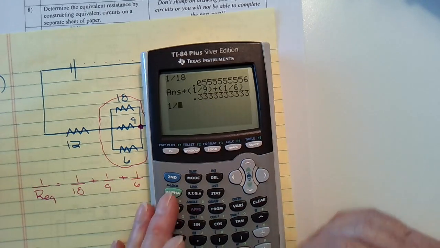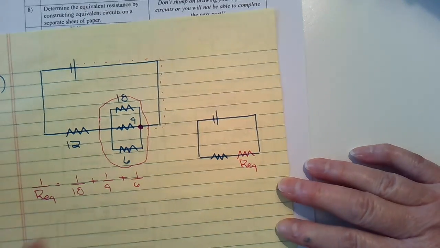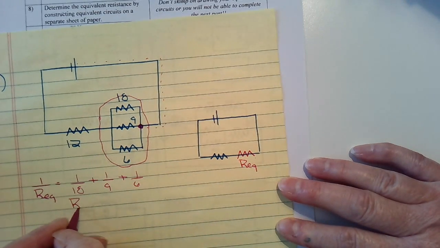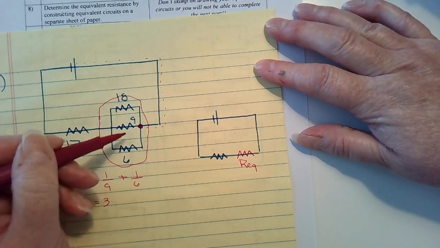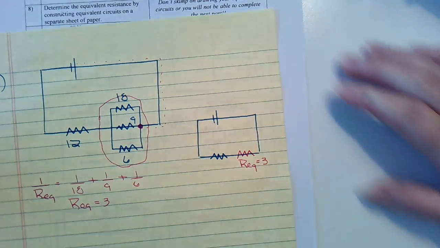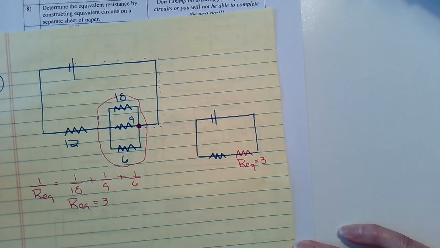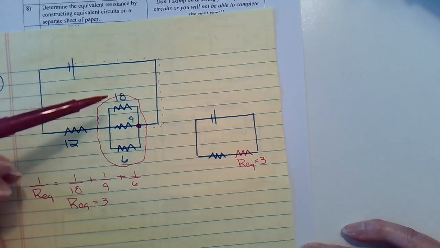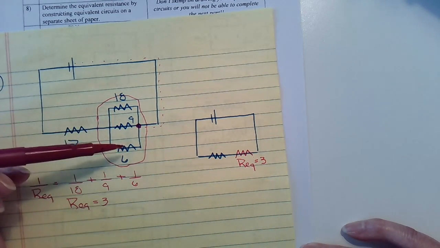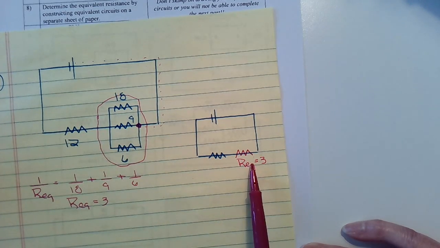And then 1 over the answer, because I got to flip it, and it's 3. So the REQ equals 3. Instead of doing these 3 little resistors, I could have just bought a 3 ohm resistor, and then my circuit would function the same way. Now, in reality, there was probably a reason that they chose this configuration, but mathematically, it's equivalent to a 3.